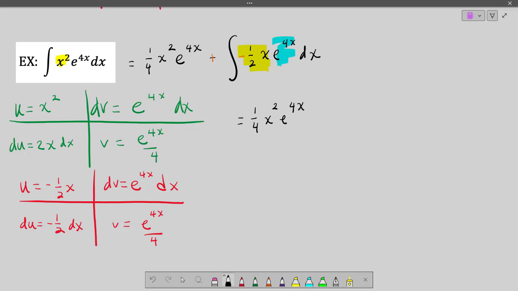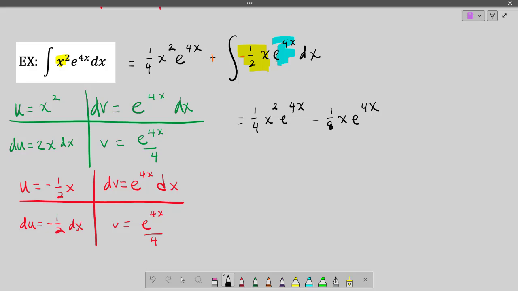So because that's a plus, I can just go straight ahead and do uv minus the integral of v du. I don't have to do any distribution. So uv is right here. That's going to be negative 1/8, negative 1/2 times positive 1/4, and then x e to the 4x.